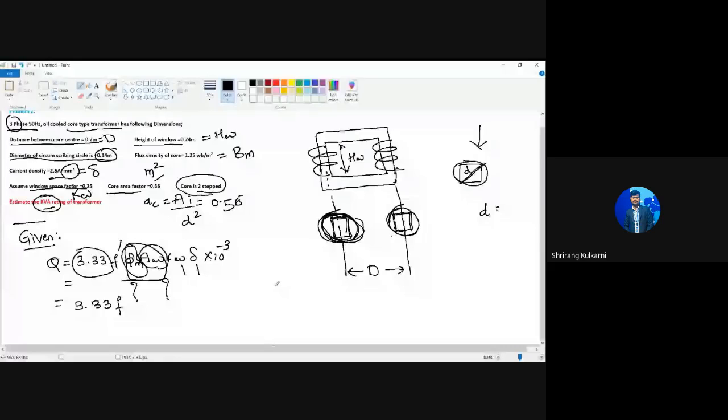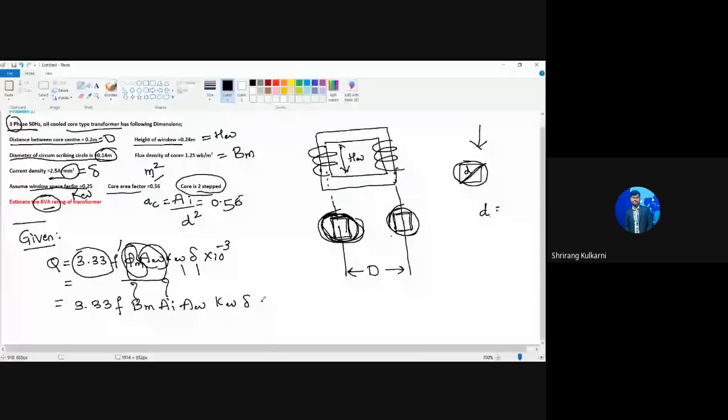In place of flux, I can write Bm into AI into AW, KW, delta, 10 to the power of minus 3. Bm is given, but this data is not given: AI and AW.